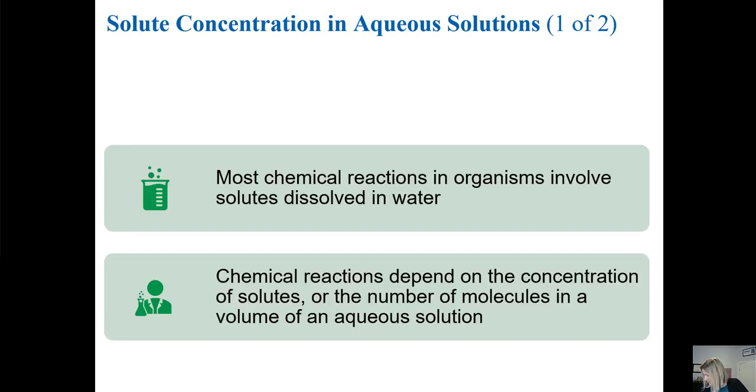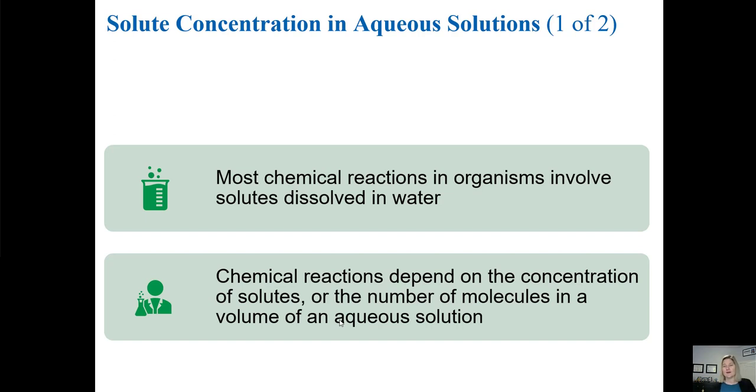All right, so when we're taking a look at our aqueous solution, remember an aqueous solution is when the solvent is water, we can take a look at the solute concentration. Most chemical reactions in organisms involve solutes dissolved in aqueous solutions, or water. And chemical reactions depend on the concentration of the solutes, or the number of molecules in the volume of the aqueous solution.